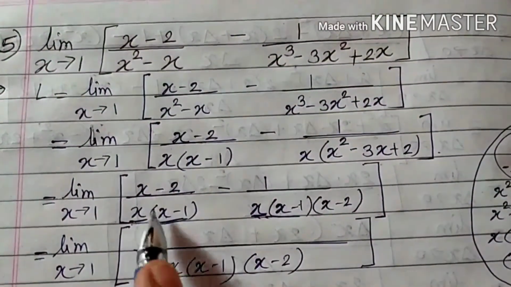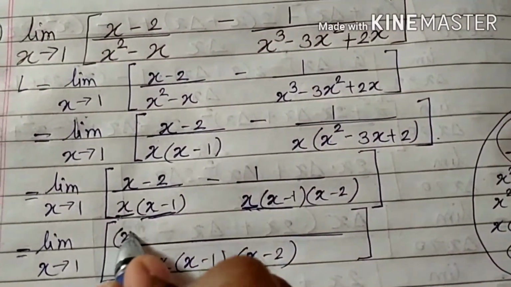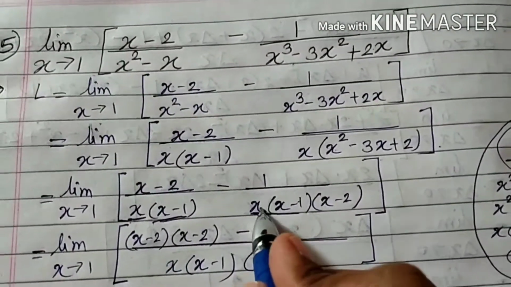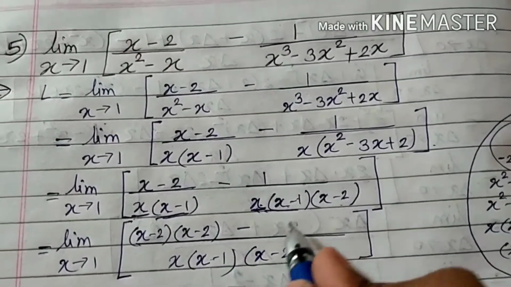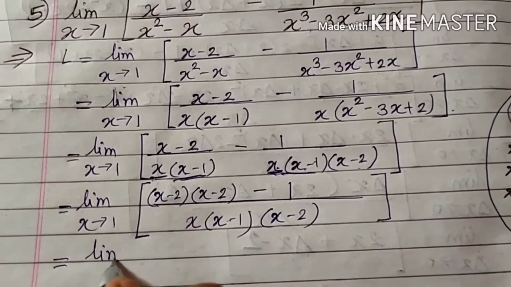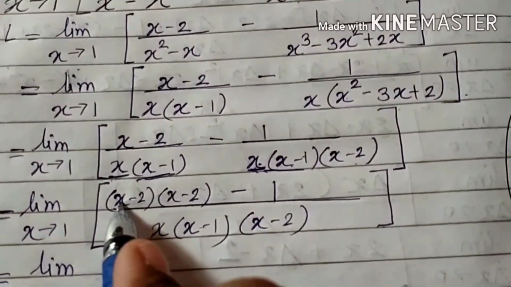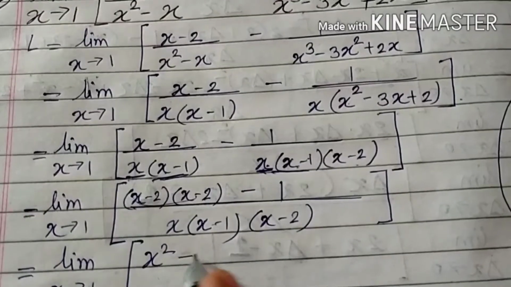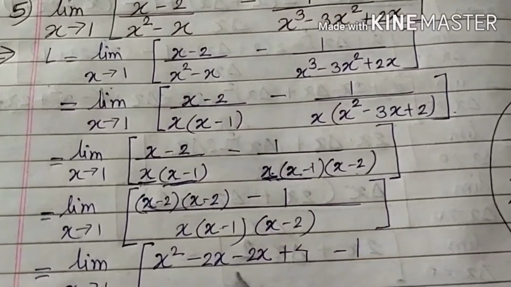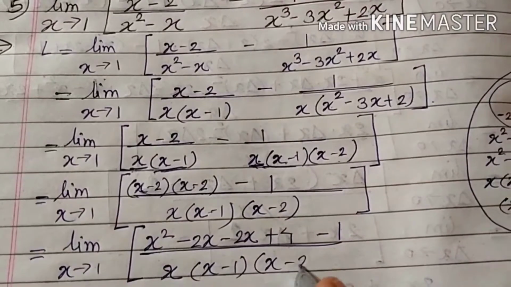Now in the numerator, here x minus 1, but here not x minus 2, so multiply it by x minus 2, and here also x minus 2, minus here x minus 1, x minus 2, so no need to multiply by any factor. Now this is limit x tends to 1, so here multiply x square, then minus 2x, then minus 2x and plus 4 minus 1, over x minus 1, x minus 2.